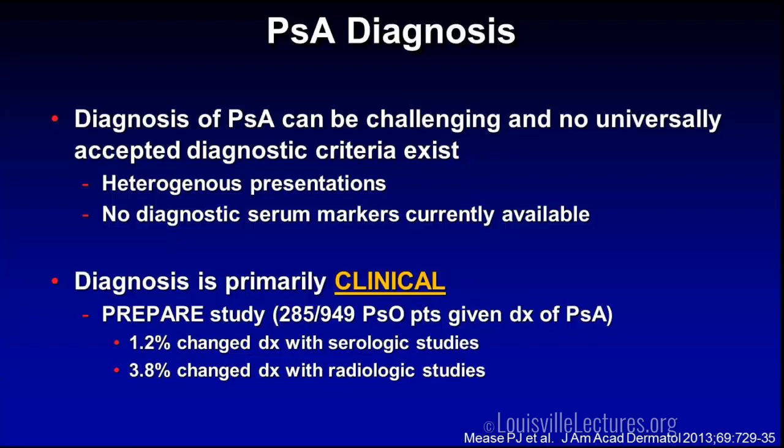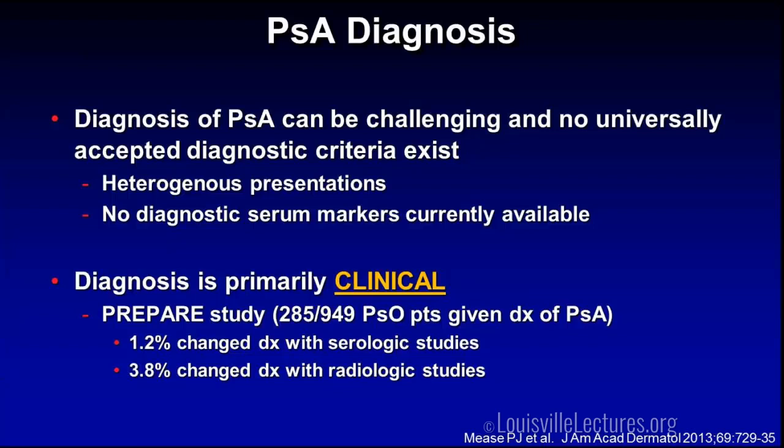And this is underscored by a study called the PREPARE study. In the PREPARE study, which was published in 2013, about 950 psoriasis patients were screened by rheumatologists for the presence of psoriatic arthritis. And they found that 285, or about 30%, as expected, had psoriatic arthritis.